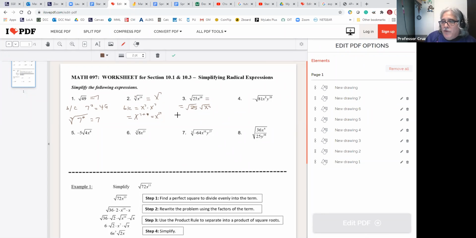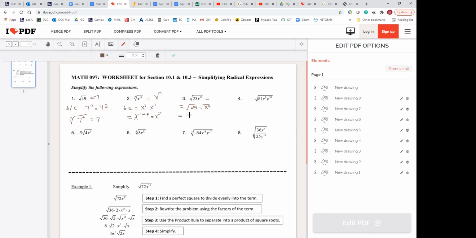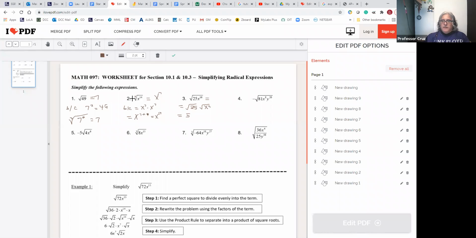So the square root of 25 is what? 5. And then use your same trick that over here you did. 2 goes into 16. 8. X to the 8. And then you can take these 2 and square them.